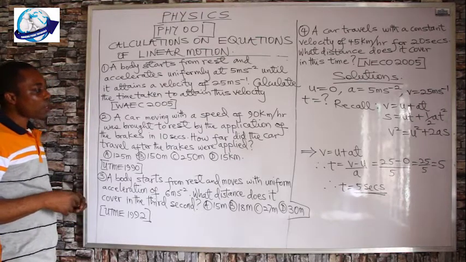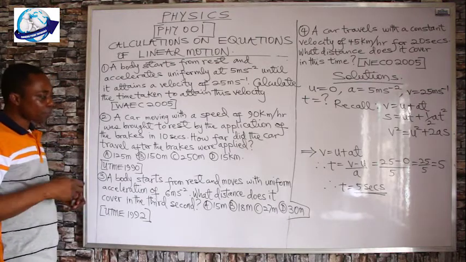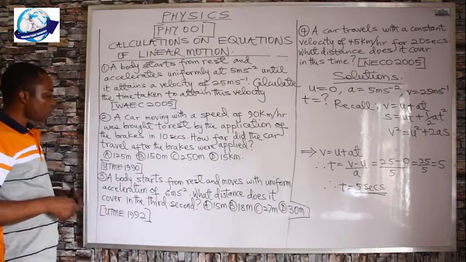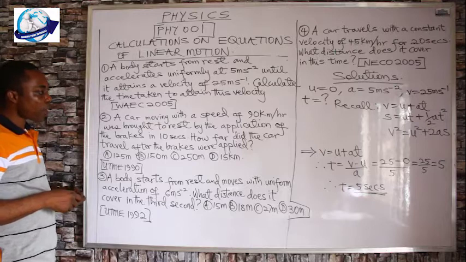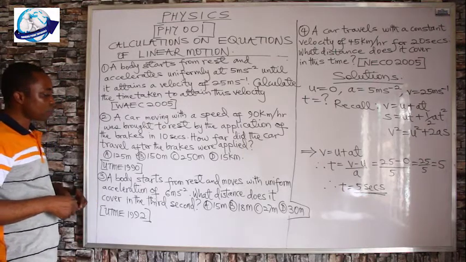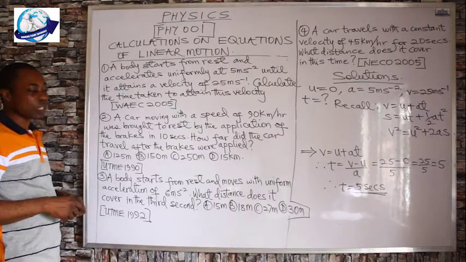The question now is, how far did the car travel after the brakes were applied? The options are A, 125 meters, B, 150 meters, C, 250 meters, and D, 15 kilometers.